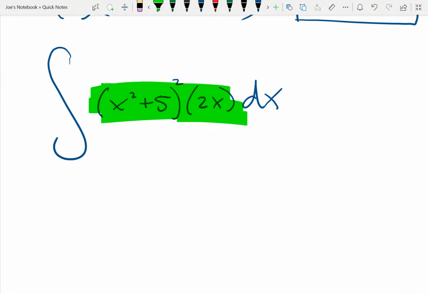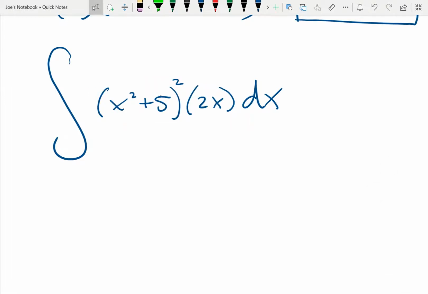We know the answer is 1/3 x squared plus 5 quantity cubed plus c. I've got to say plus c. That's not the big focus of today's lesson, but because it's indefinite integration, you have to have a family of functions, so you have the plus c. But let's not put it there, because I want you to focus on the pattern right now.